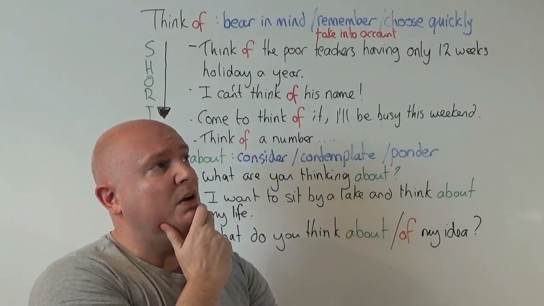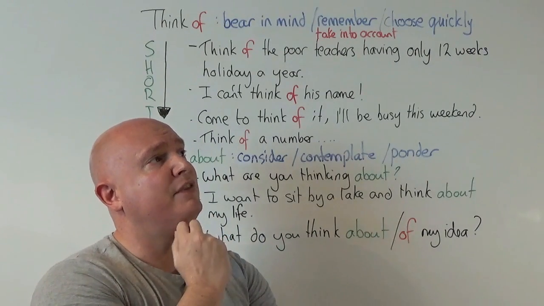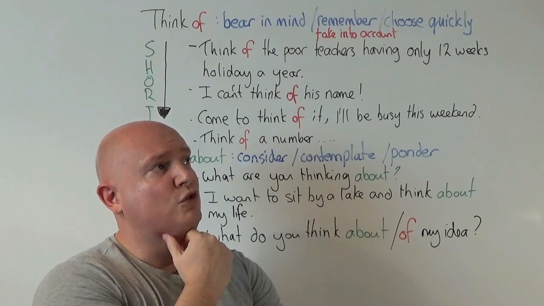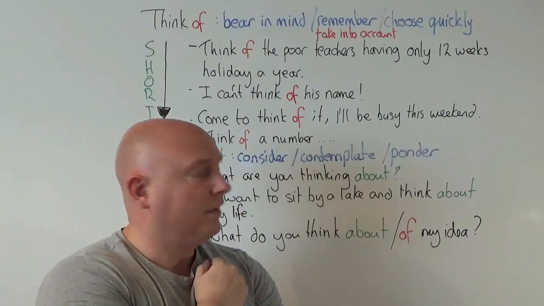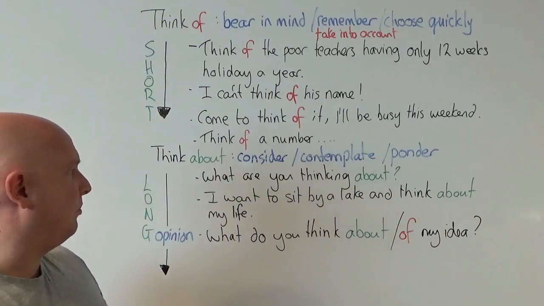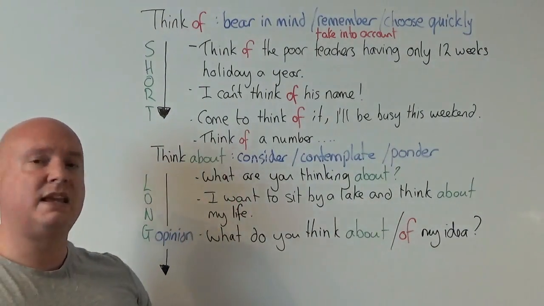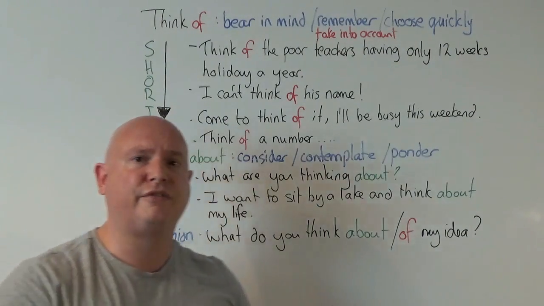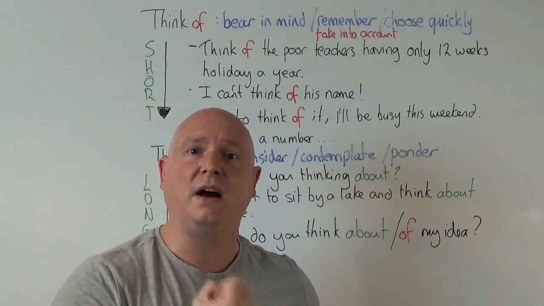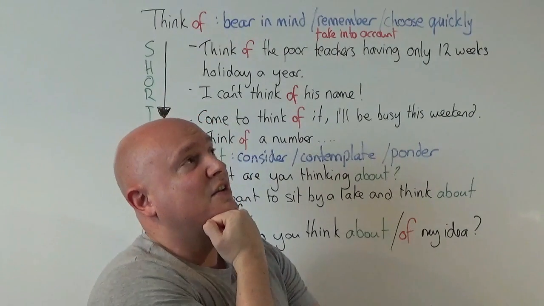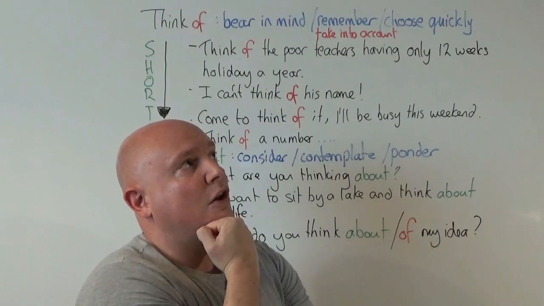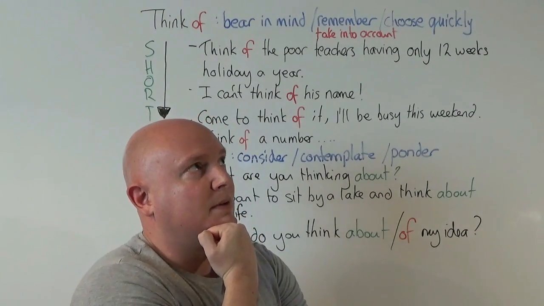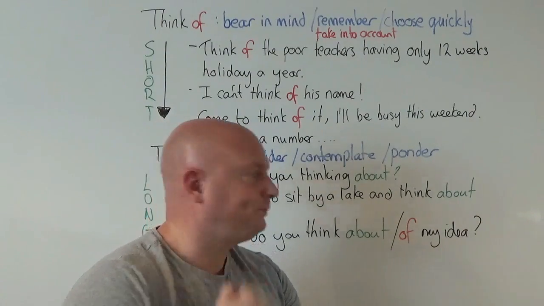I'm thinking about what to have for dinner. Maybe fish and chips, maybe 2 portions of fish and chips, maybe 5. Another example, I want to sit by a lake and think about my life. So always imagine, think about, hand on the chin, and you're thinking over a long period of time. So always think about that.